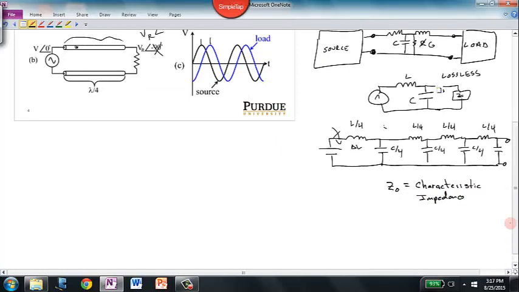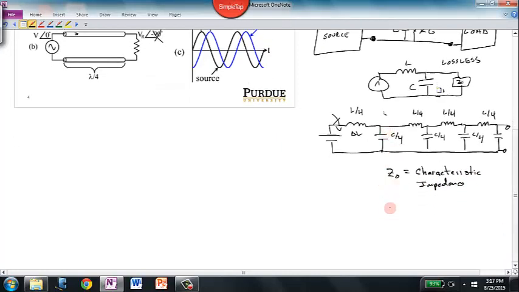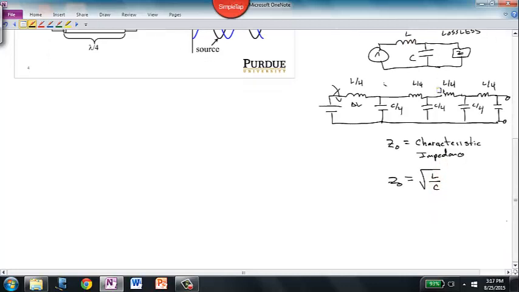And for a lossless transmission line, the calculation for the characteristic impedance is very simple. It's Z0 equals the square root of the total L divided by the total C. And that's for a lossless line.